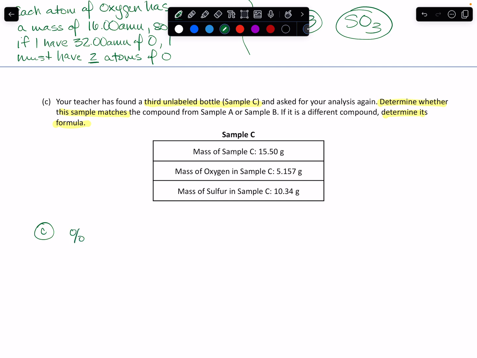If I start with sulfur, I have 10.34 grams of sulfur per 15.50 grams of sample times 100%. And I find that I have 66.73% sulfur present.